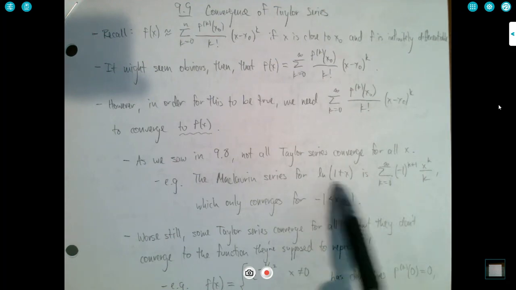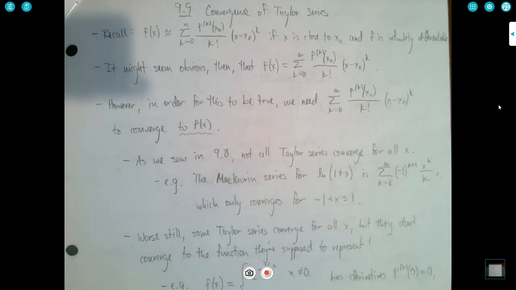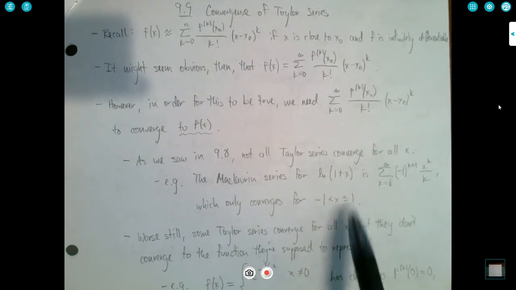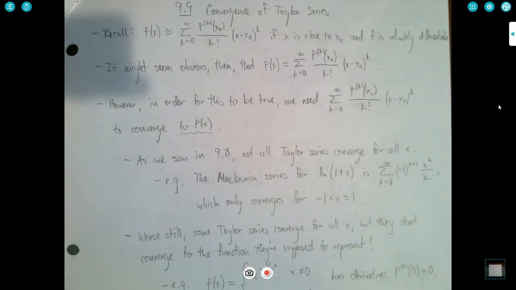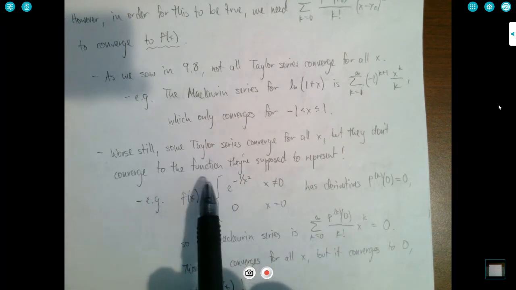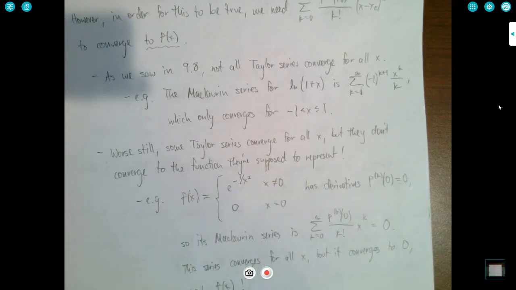But it will converge to the function on its interval of convergence, right? So at least this series does converge to this function on its interval of convergence. But that's not even the worst possibility, because the worst possibility is this. There are some Taylor series which will converge for all x, but they don't converge to the function that they're supposed to represent. And so here's an example.